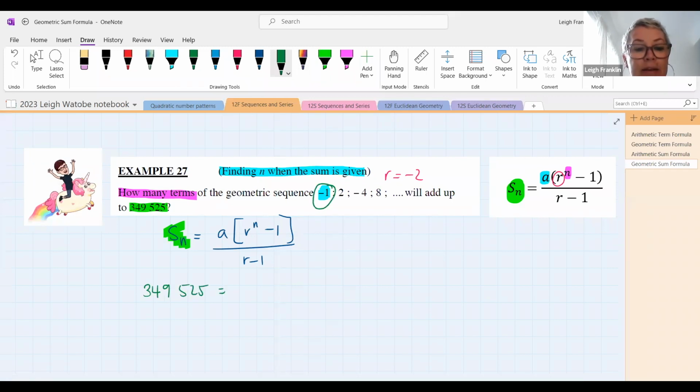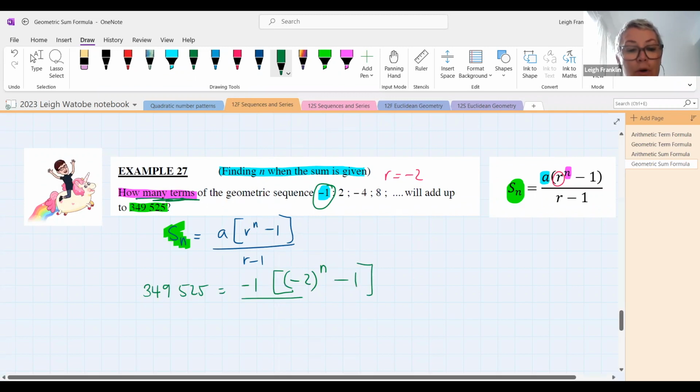We know what A is, our first term. It's equal to -1. We know what R is by dividing term 4 by term 3 or term 3 by term 2. So that's going to give us -2. Remember to put it in brackets to the power of n. n is what we're solving for because the question said how many terms? -1 over R minus 1.